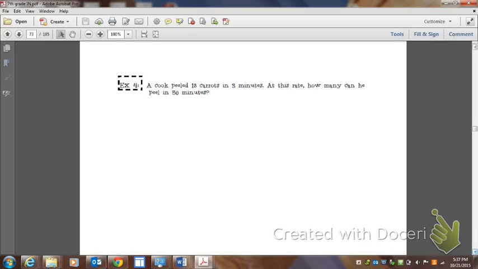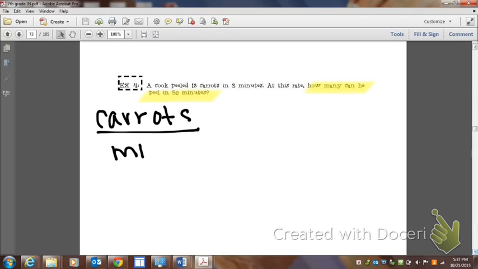So first I got to set up my ratio, and it wants how many carrots in 50 minutes. So I know that I'm going to put carrots over the time. So it's minute. And this ratio first is 18 in 3 minutes.